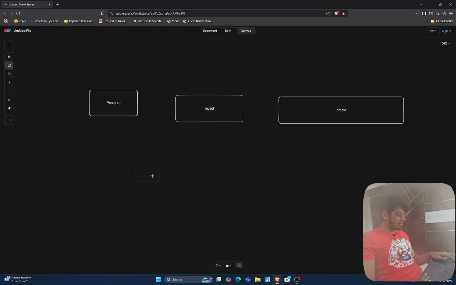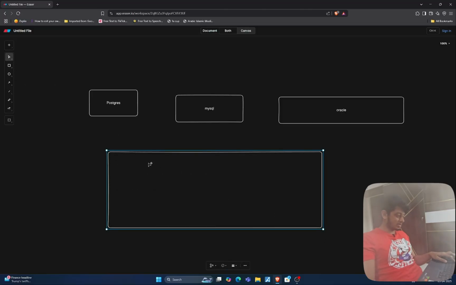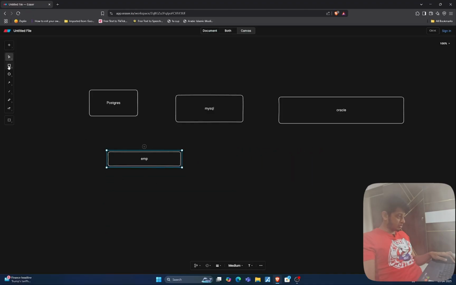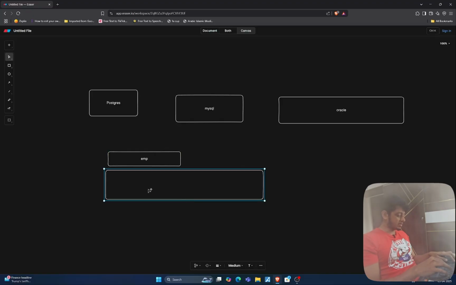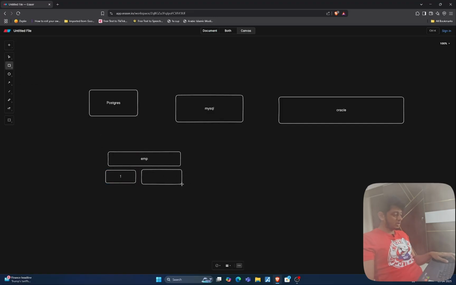For example, suppose there is a table called the EMP table. Let's say it has one row of data: emp id, which is 1, and then some data related to the employee, because emp stands for employee, something like salary, which is 50,000.